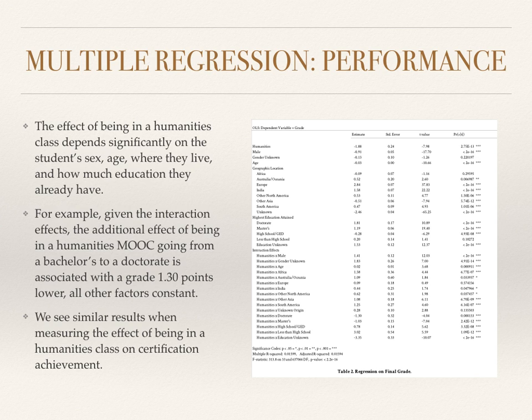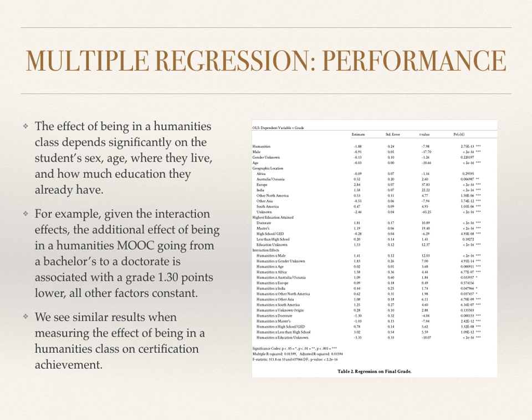So, for example, given the interaction effects, the additional effect of being in a humanities MOOC going from a bachelor's to a doctorate is associated with a grade that's more than a point lower, all other factors being constant.